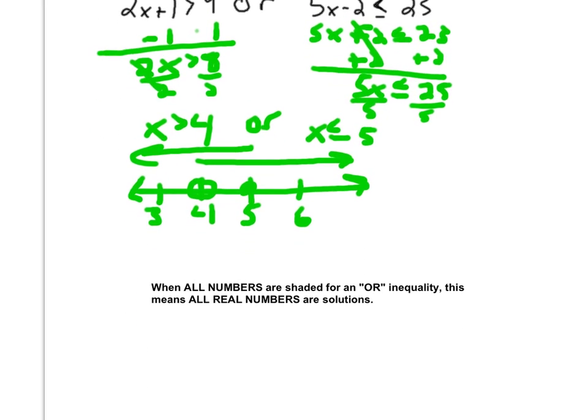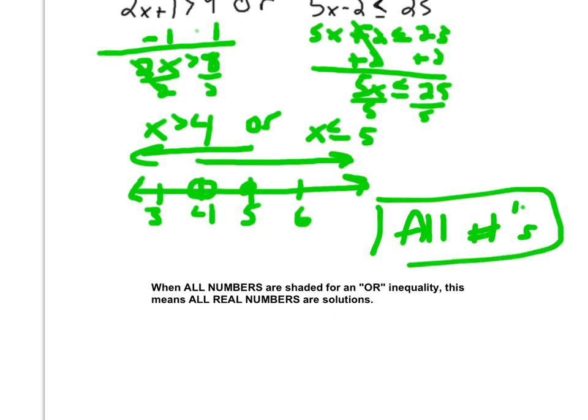When I have an or inequality where shadings intersect, that means all numbers are solutions. Okay? All numbers. Well, that should make sense because every number is bigger than 4 or less than or equal to 5. Every single number, doesn't matter what it is, has to be bigger than 4 or less than or equal to 5. So that should make sense.